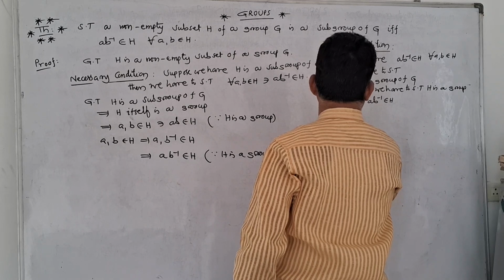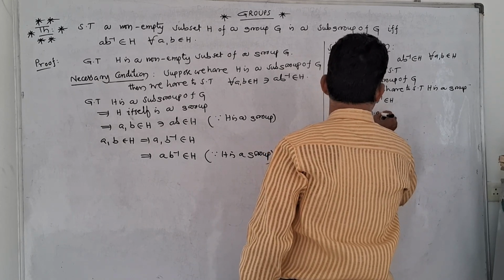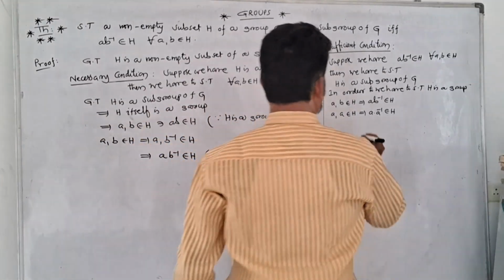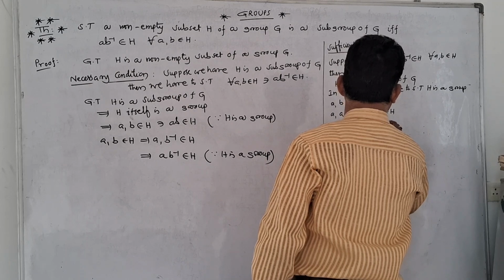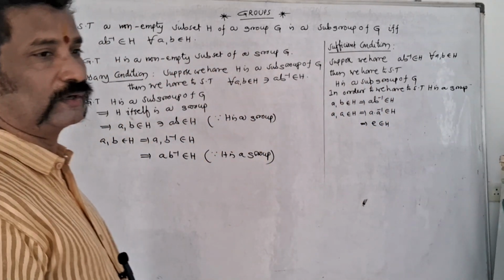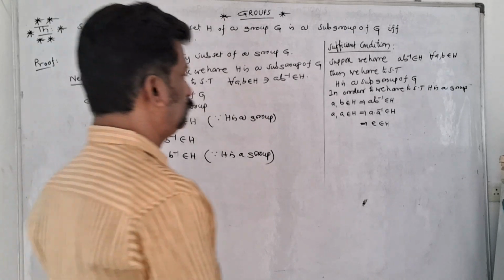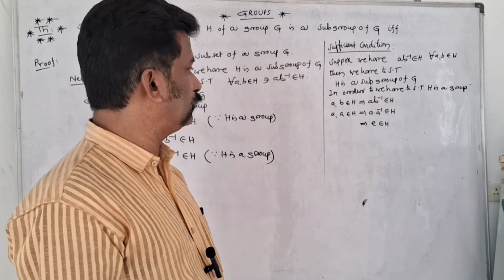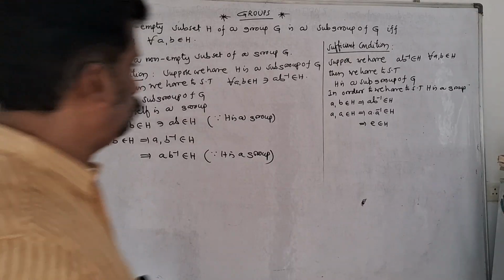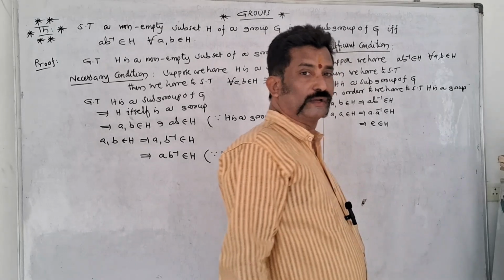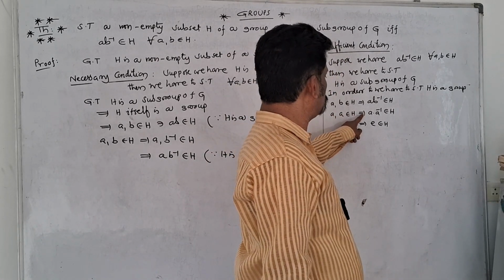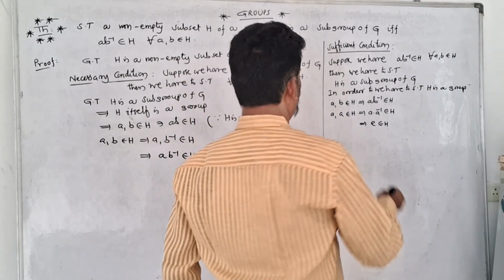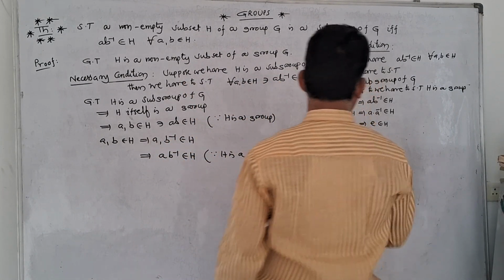Take a, a belongs to H, which implies a into a inverse belongs to H. This implies e belongs to H. So the identity property is over. Now the second one is the inverse property.